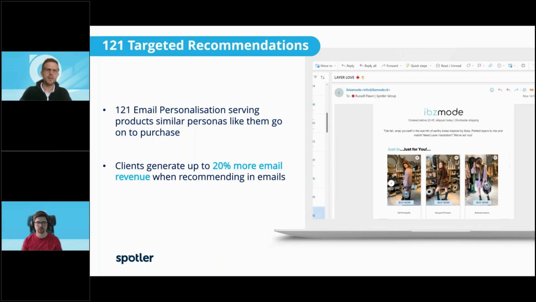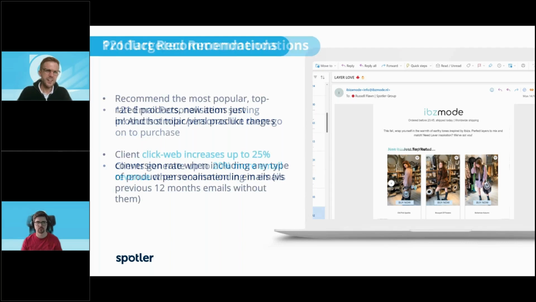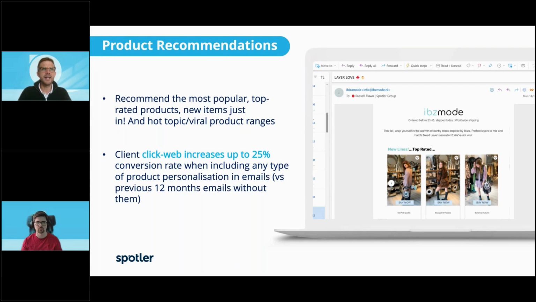The second one we're going to mention here is using the product not necessarily in a way that uses grouping of data, but actually creating product recommendations that use product sets. So you could find your top rated products and just recommend those.